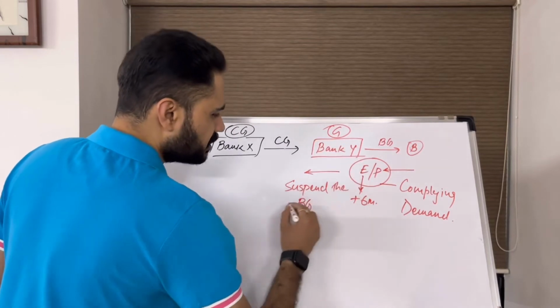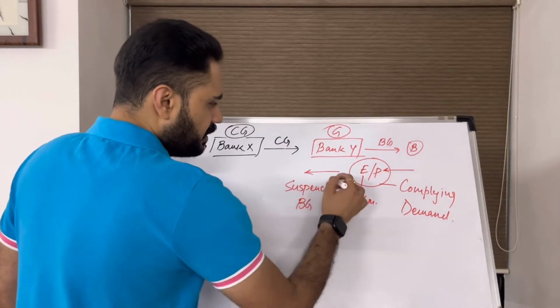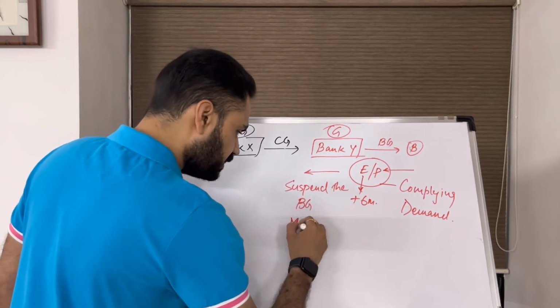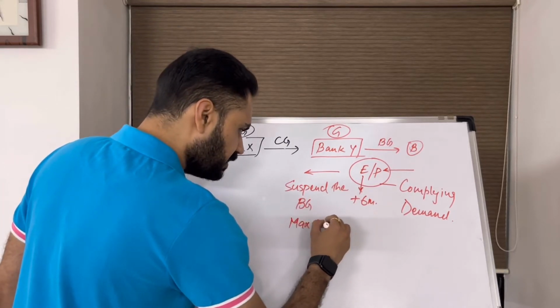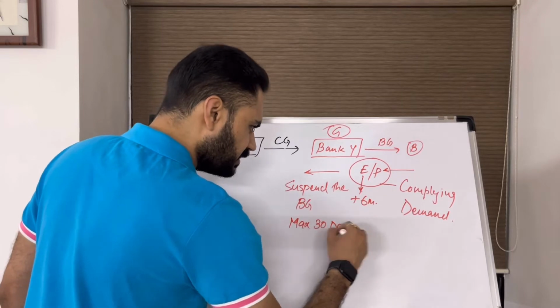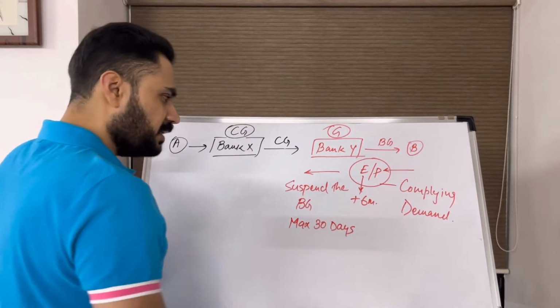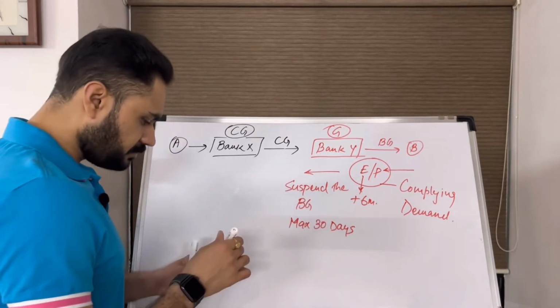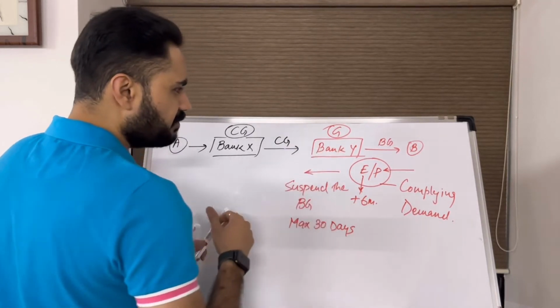Now bank Y suspended the BG. This suspension can go for max 30 days. Okay, so it can be less than 30 also, but max it will be 30. Now what will bank Y do?